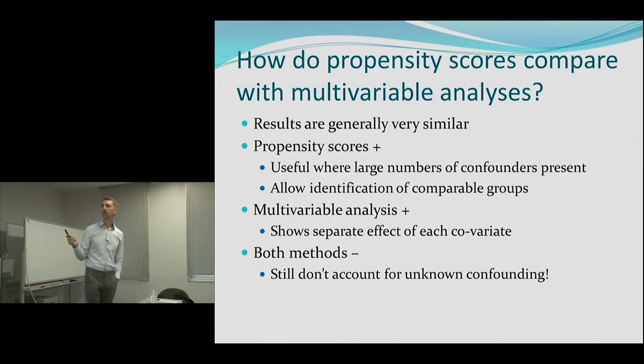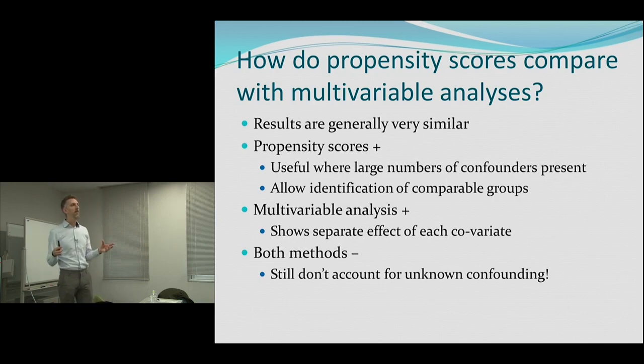Where I think propensity scores have a big advantage is there are two things. First of all, if you've got a very large number of confounders and you've got a rare outcome, then if you want to do a multivariable regression model, you may not be able to include all of the variables that you want to, just because of the rule of 10, say, where you would run out of the ability to adjust for all those confounders.